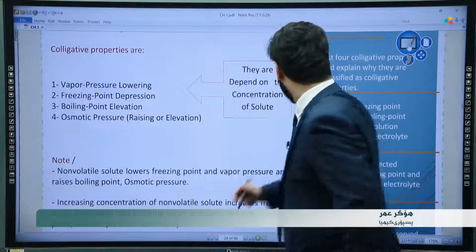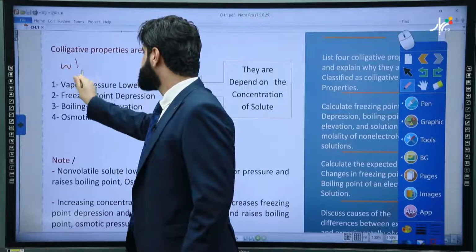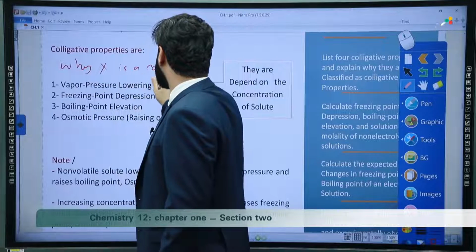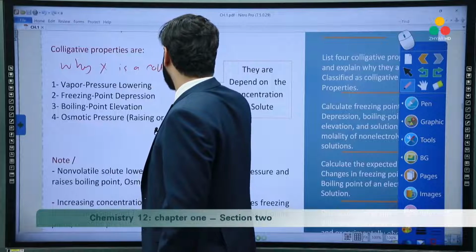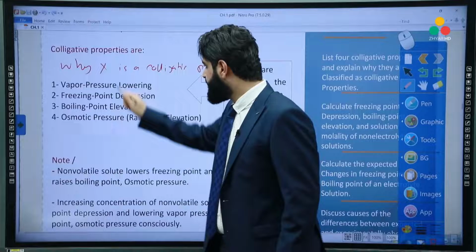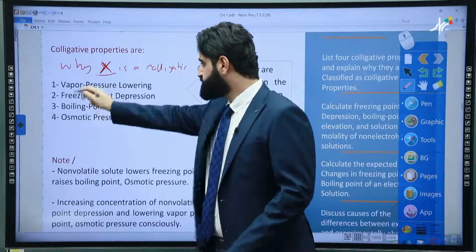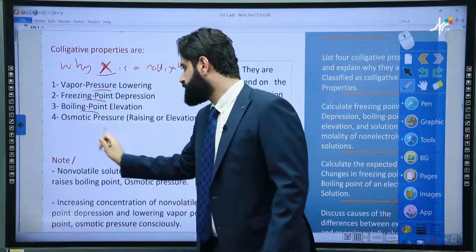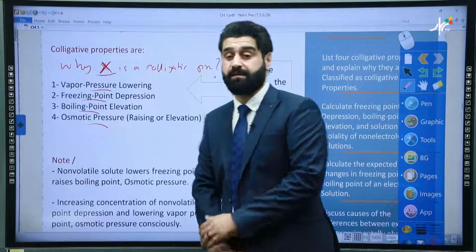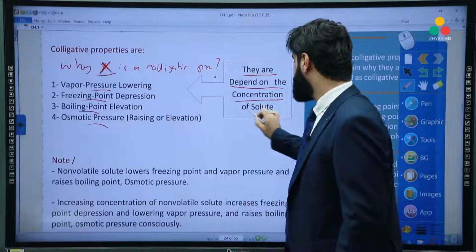Generally, I can say: why is X a colligative property? X is anything. It could be vapor pressure, freezing point, boiling point, or osmotic pressure. Why are they colligative properties? Immediately you have to say, because they depend on the concentration of solute.